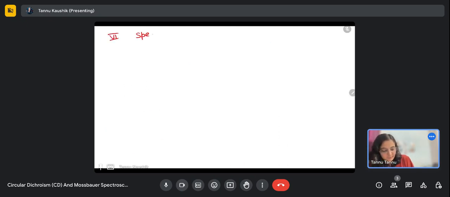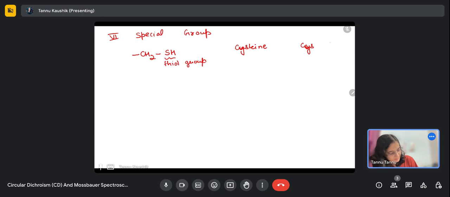This is the special group. First has this thiol group, cysteine, Cys, and then this has C. We have one more sulfur based amino acid which is methionine, and we have one selenium based amino acid also which we call selenocysteine.